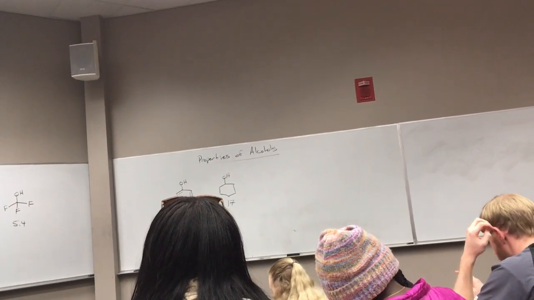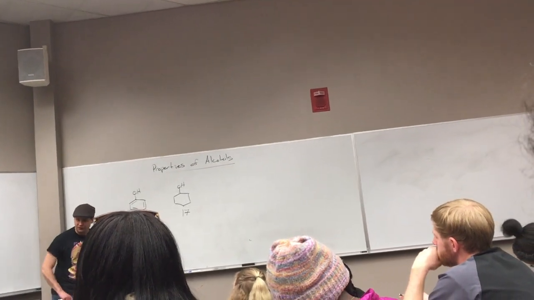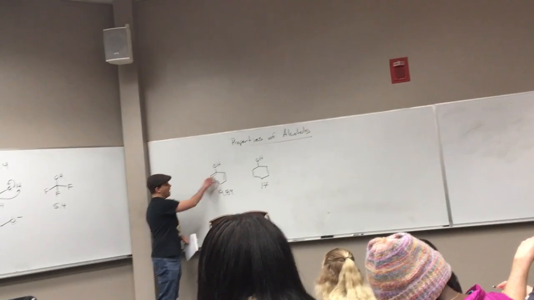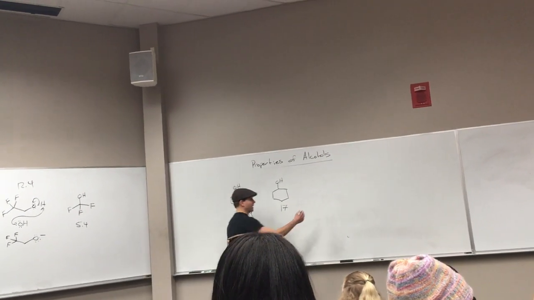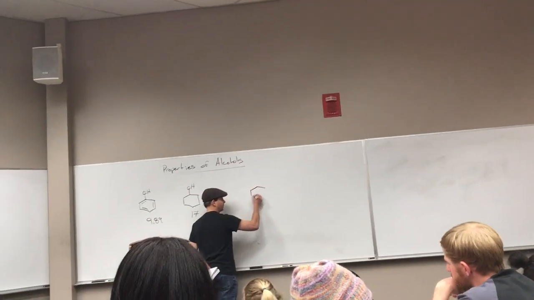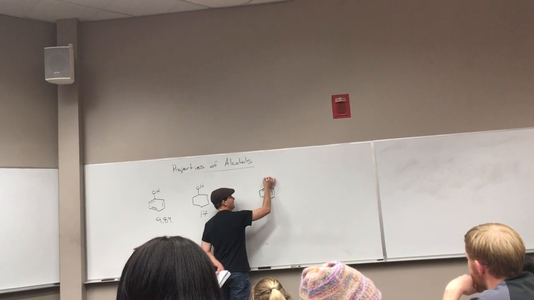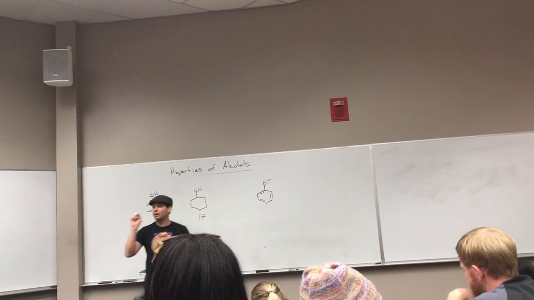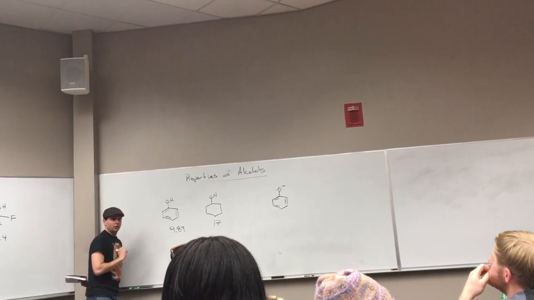Resonance what though? There is no resonance here right now except for the benzene ring itself. But what happens after this behaves as an acid? What I'm left with is my deprotonated conjugate base. And it is not just resonance. It is resonance stabilization of the conjugate base that makes this more acidic.